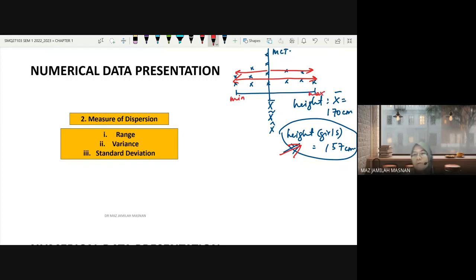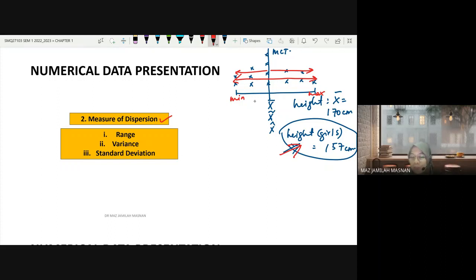So that's why we cannot depend only on the measure of central tendency, because it cannot describe the whole story about the data. So we add another measure, the measure of dispersion: how the data spread.